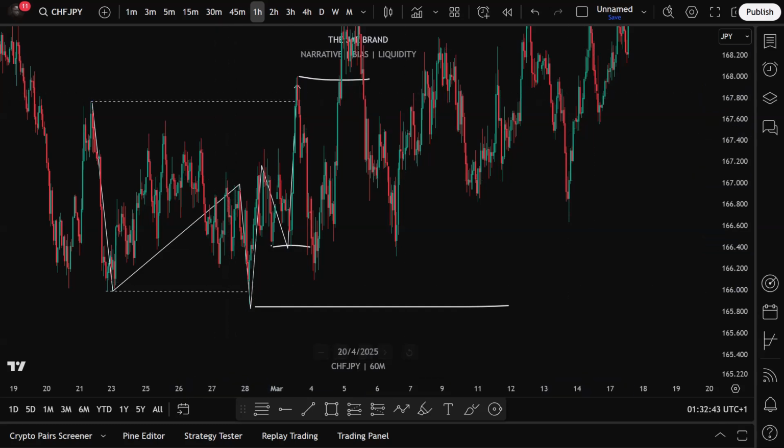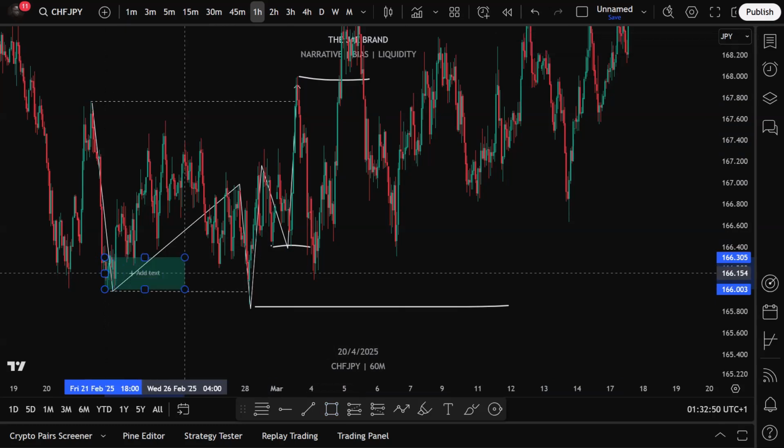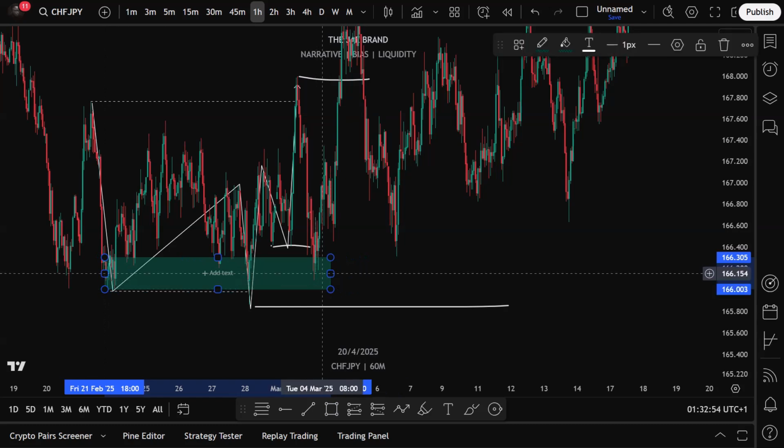So we'll simply look for an area of value from this, probably look for a QMR, which you can see that price actually mitigated and continued to the upside, because structural liquidity rather is used for continuation.